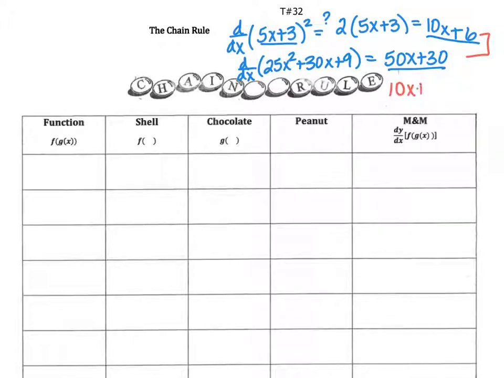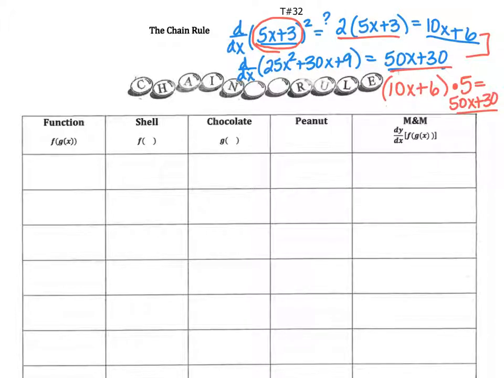Notice if I did 10x + 6, which was the power rule part, and multiplied by the inner derivative, which would be 5, I get the 50x + 30, and that's the derivative I should have gotten.